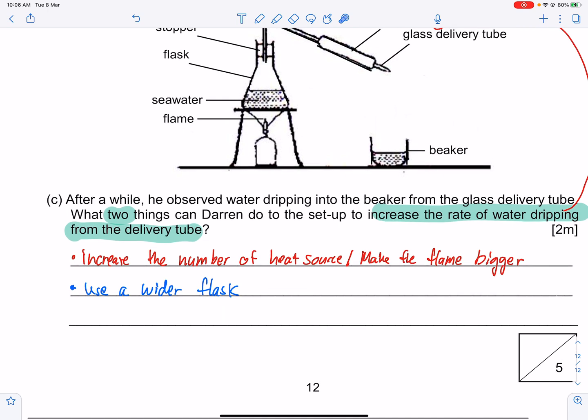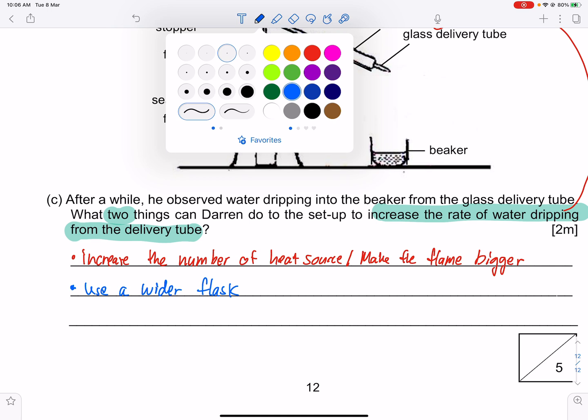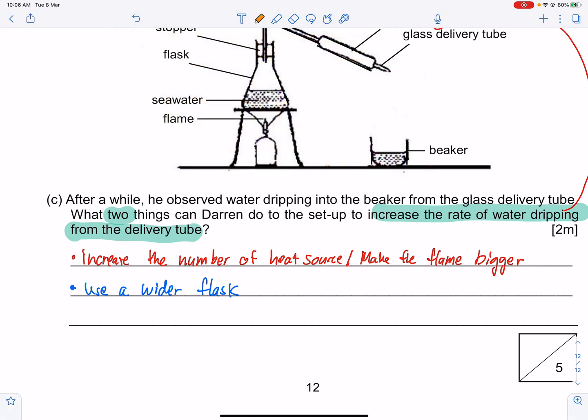Next, what about condensation? These two are for evaporation. Let's talk about condensation now. For condensation, you can say either you put crushed ice on the delivery tube. Over here.